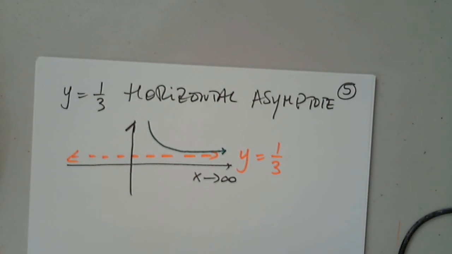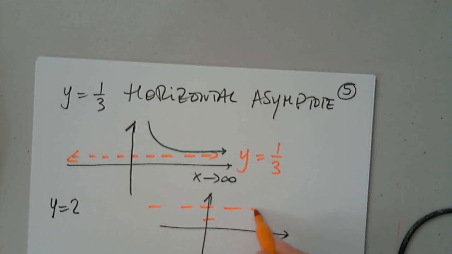I have a question. Yes? If instead of 1/3 we had, for example, y equals 2? Yes. So if the limit is 2, then I have this situation. 1, 2, y equals 2.